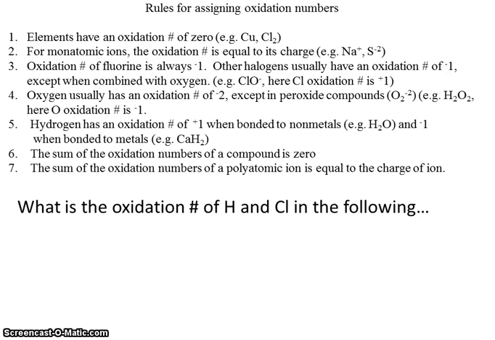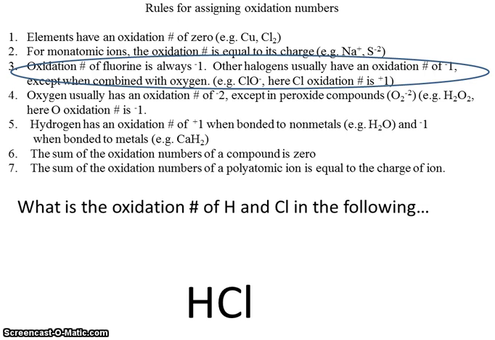Let's do one more. What is the oxidation number of hydrogen and chlorine in the following? Okay. It says that fluorine is always -1, and other halogens are usually also -1, except when combined with oxygen, and we don't have any oxygen here. So we can say that chlorine is -1.